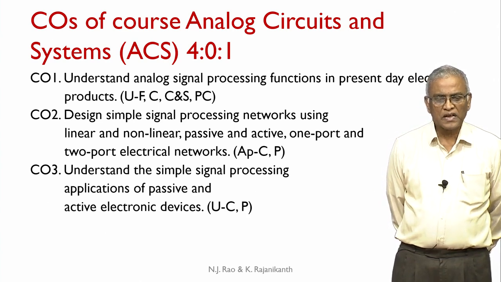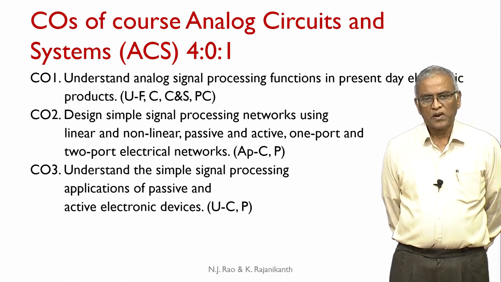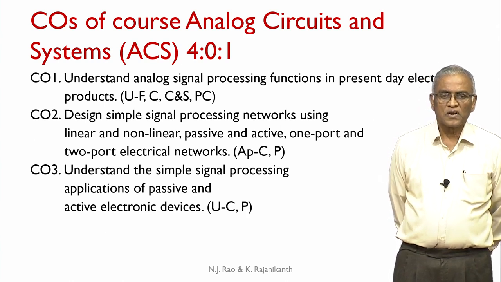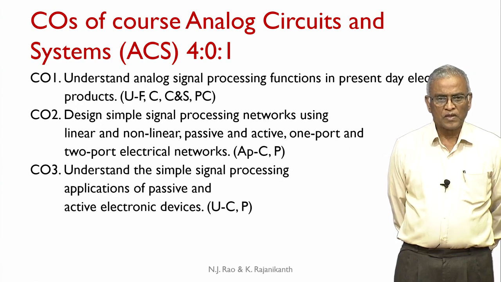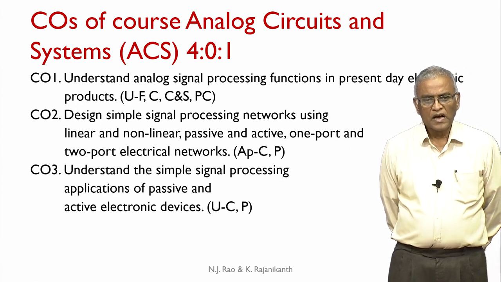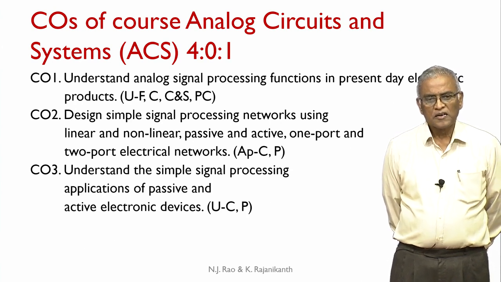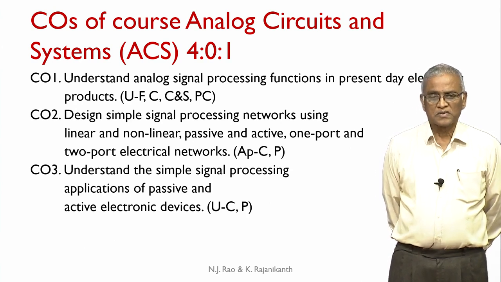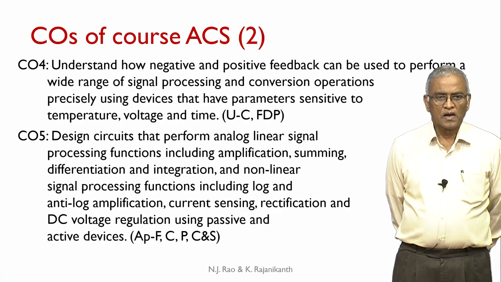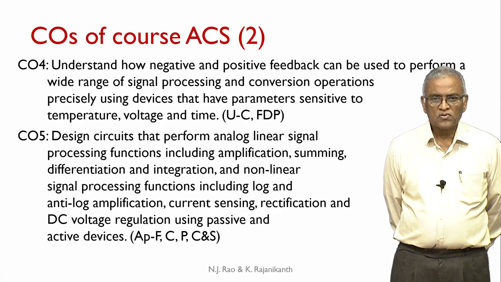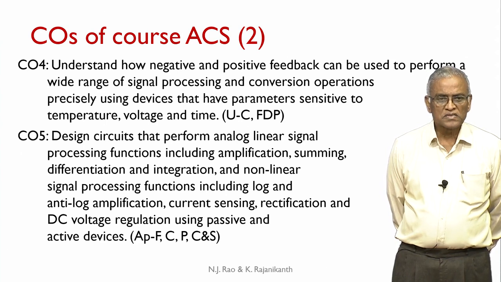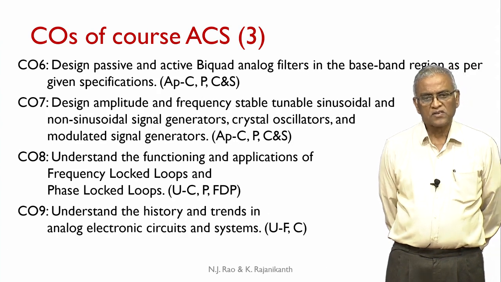For example, the second, CO2, belongs to apply, conceptual and procedural, and the third one belongs to the understand category, with conceptual and procedural knowledge. So you have the other ones listed. There are actually 9 COs in this.